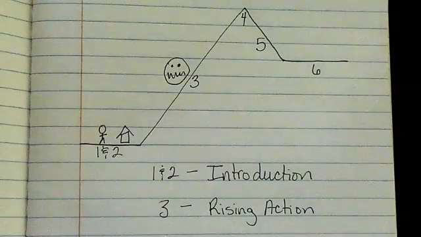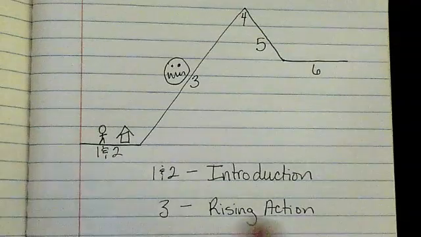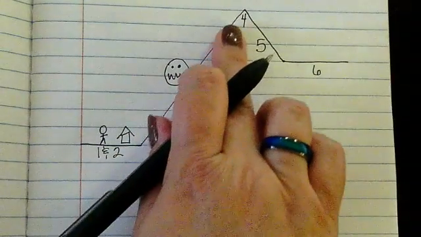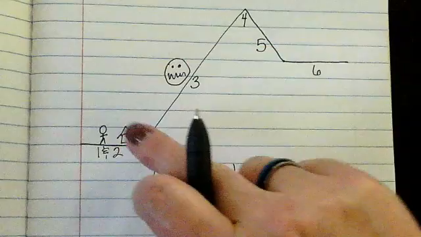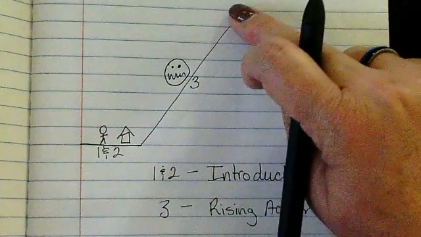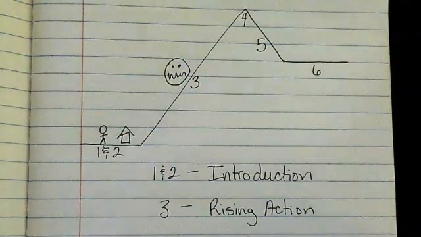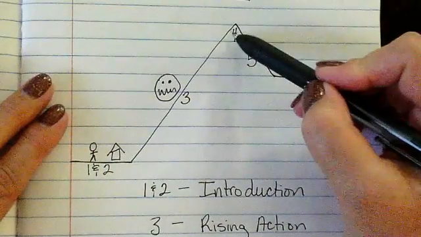They might solve a couple of little problems along the way, like they lost their shoe and then they found it, but they don't solve the big problem that's happening in the story. Everything just kind of builds, and you get all sorts of crazy things, drama usually, and they face some kind of a problem or a conflict, something that they have to figure out how to fix. And then you run into number 4.